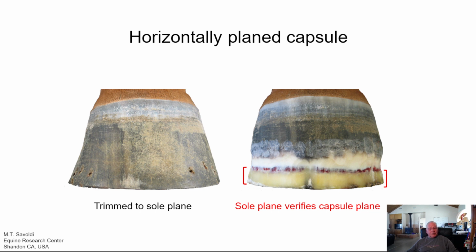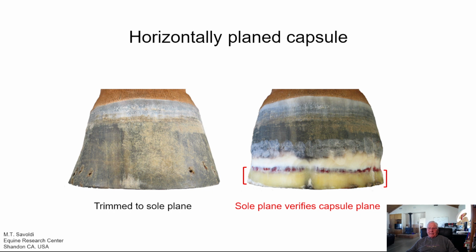So you would have the sole, white line, and hoof wall. What's unique about this is that once you go to the hard epidermal sole, that's called the sole plane. It's like skin covering our body. And it's unique because it's generally very uniform.